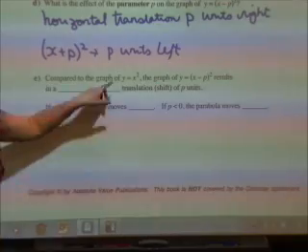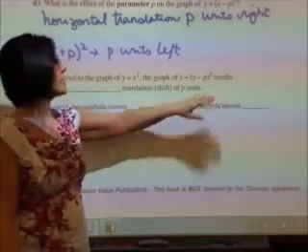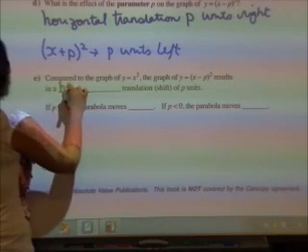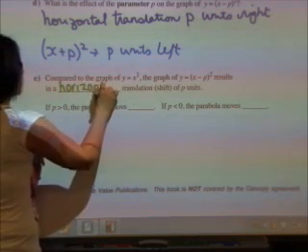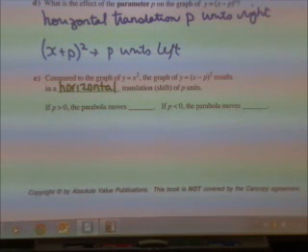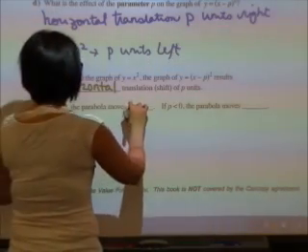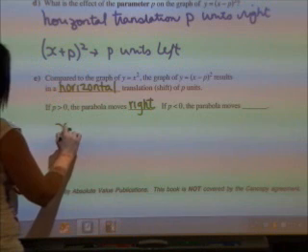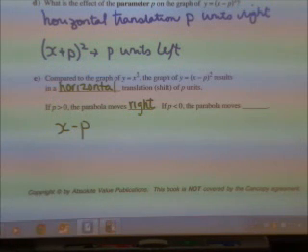Compared to the graph of y equals x squared, the graph of x minus p squared results in a horizontal translation. When the value of p is greater than 0, the graph moves to the right. And we're talking about it's written in the form of x minus p.